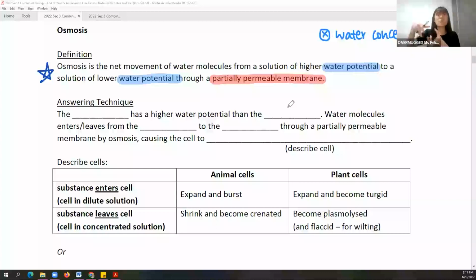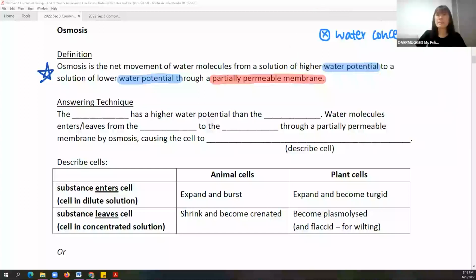If I spill water so the water flows from one end of my table to the other end, is that osmosis? Are you able to tell? Everyone is very shy. It's okay to click wrongly because I won't penalize you. Yep, very good. Majority is right. The answer is no. It's not osmosis because there is no partially permeable membrane on my table. So you must have a partially permeable membrane for osmosis to happen.